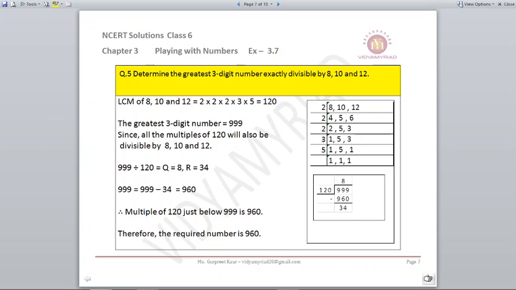No. We are left with the remainder 34. So what is divisible by 120? 960, or we can write it as 999 minus 34, which gives you 960. So 960 is the greatest 3-digit number which will be divisible by 8, 10 and 12.